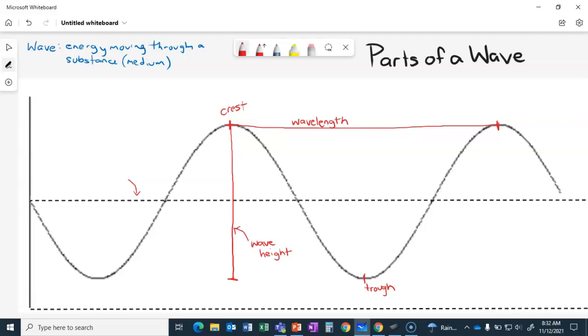This line that runs kind of through the middle of the wave is called the still water line. In other words, if the wave were to stop, this is the line where the water would be at rest.